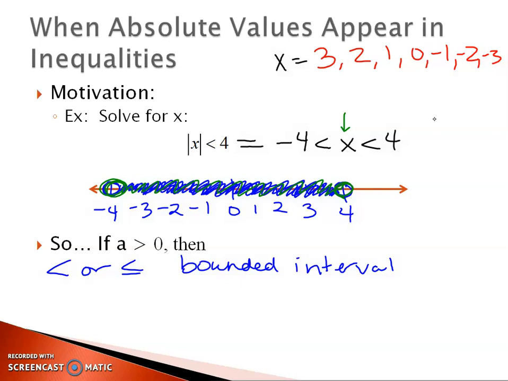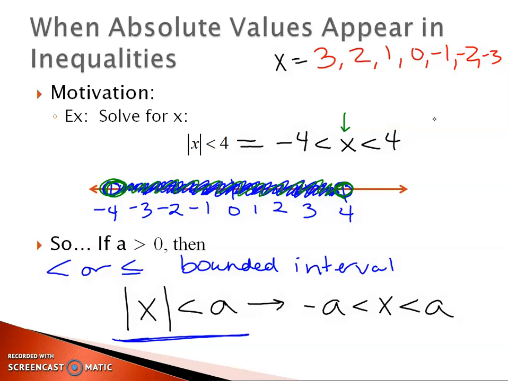So our blanket statement that we can make is, if I have the absolute value of x is less than a, what's going to happen is I'm going to set up not two equations, but a bounded interval, and it will be -a less than x, which is less than a. So if we isolate our absolute value and it's a less than sign, instead of setting up two equations, we set up a bounded interval.